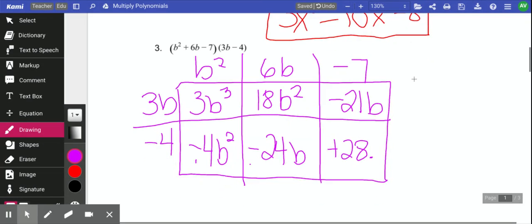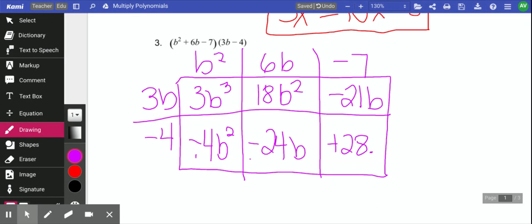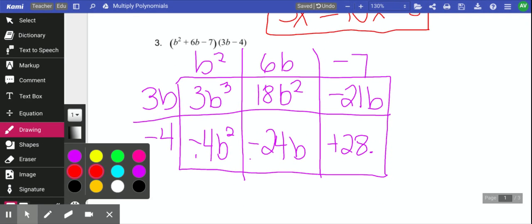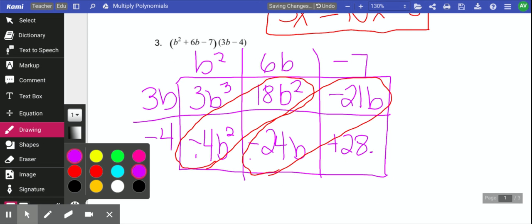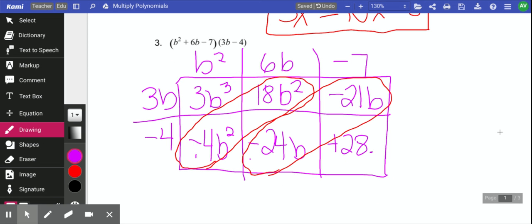Okay, now I just have to combine my like terms. The thing that makes this particular method nice is that the like terms are on the diagonal. So these are like terms, and these are like terms. Isn't that cool how that works out? All right, so now I'm just going to put them all together. I have 3b to the third power first.